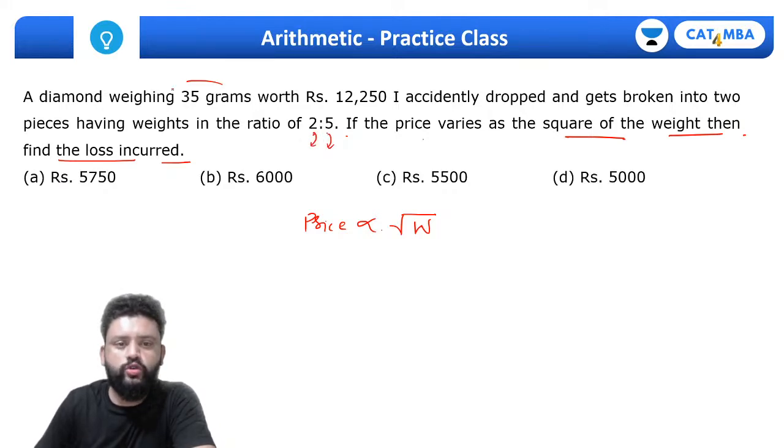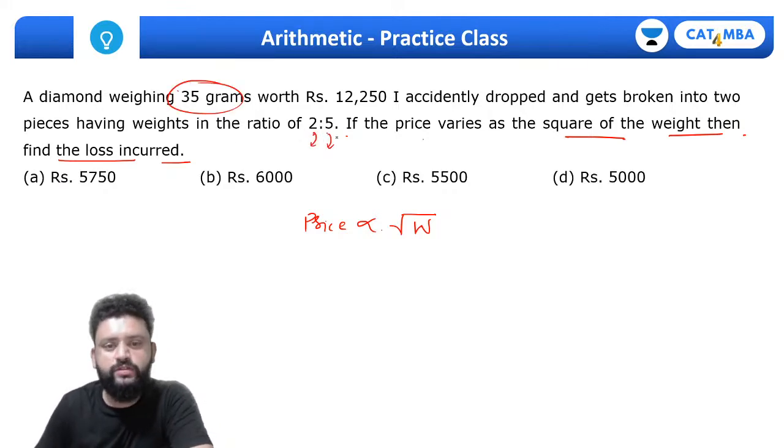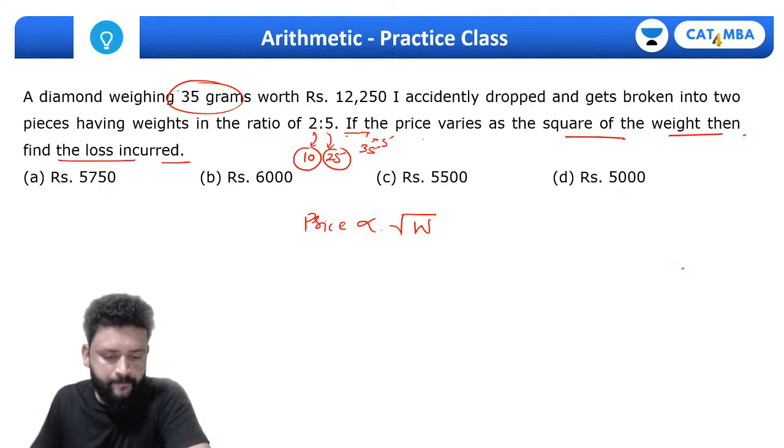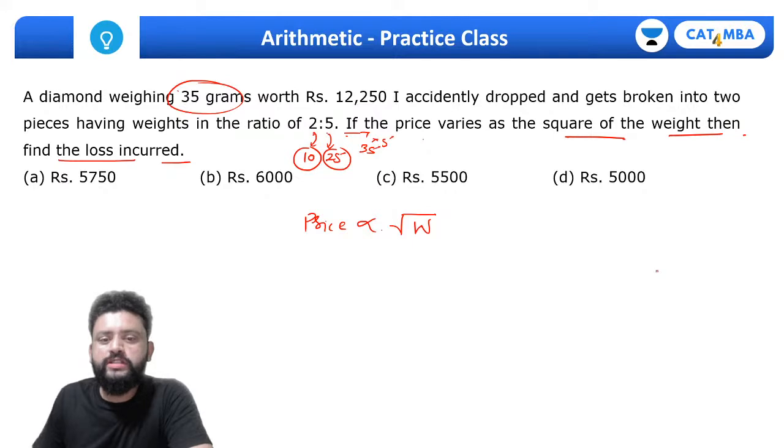So of course the total was 35 grams. Diamond weighing 35 grams, so the total is 7 here, so the total is 35 into 5, that is 10 grams and 25 grams. Two parts are formed like this. So what is the loss incurred? No one has got the answer yet.